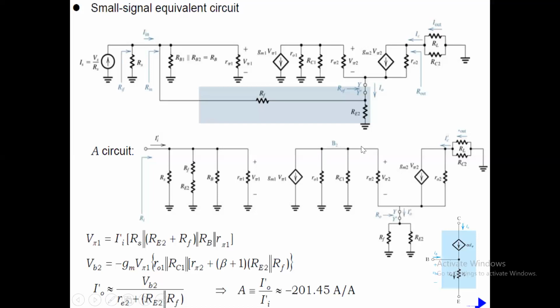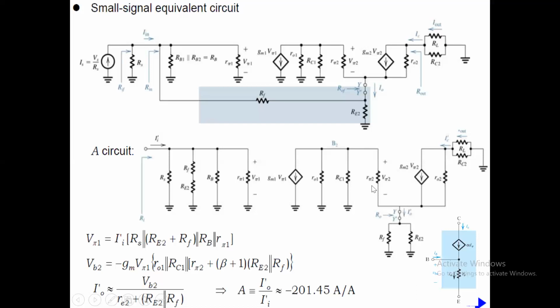VB2 is the voltage here, and the current here will go in the reverse way. So minus gm V pi 1 will be the current flowing through the parallel combination of RO1, RC1, and then another branch which corresponds to R pi 2 in series with the parallel combination of these two.